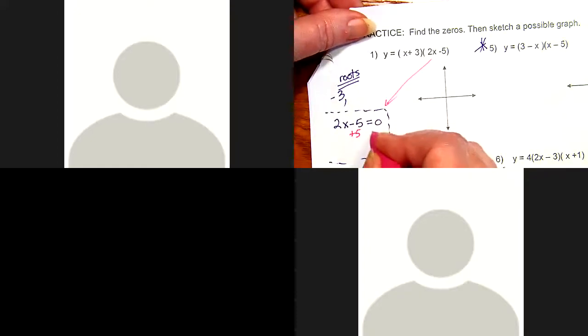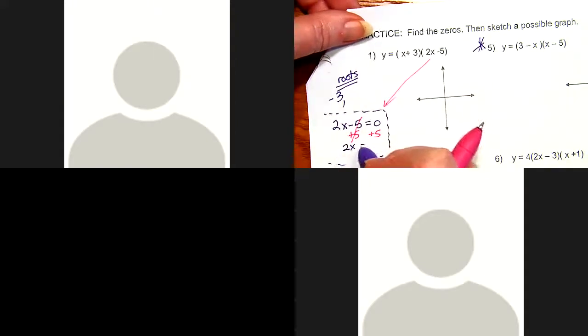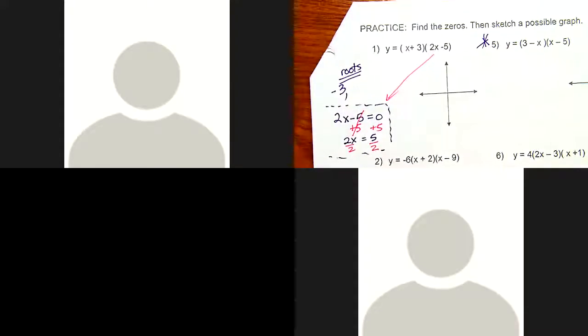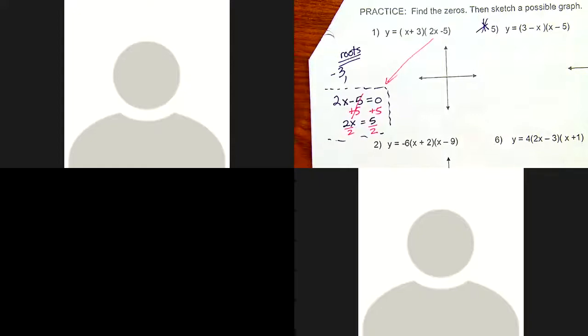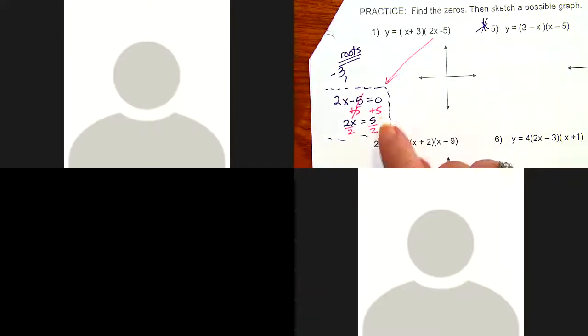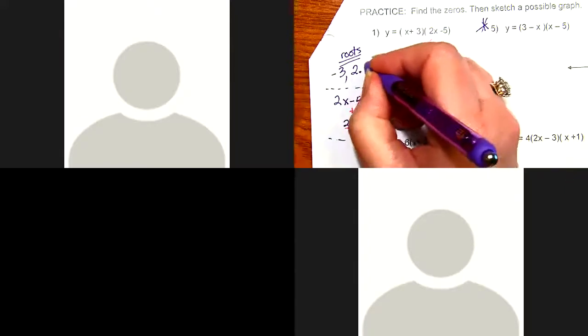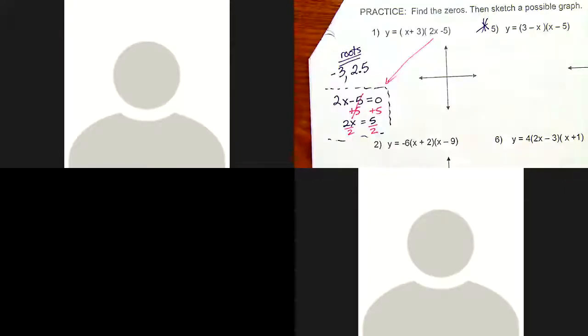So it's 2x plus 5 equals 0, subtract 5, negative 5. I'm going to divide that out, because I end up with 5 over 2, or 5 divided by 2. You should get 2.5.